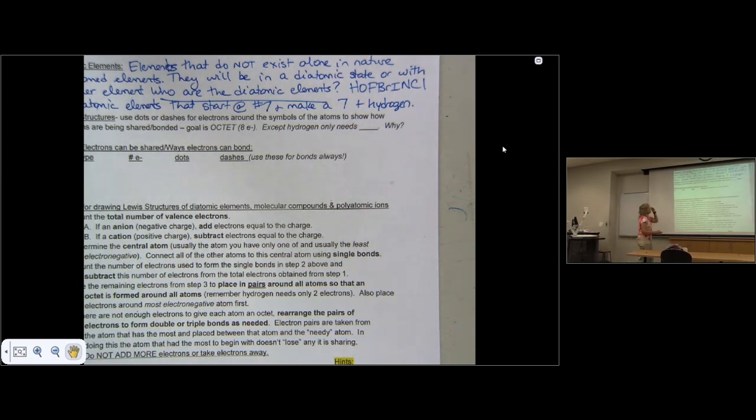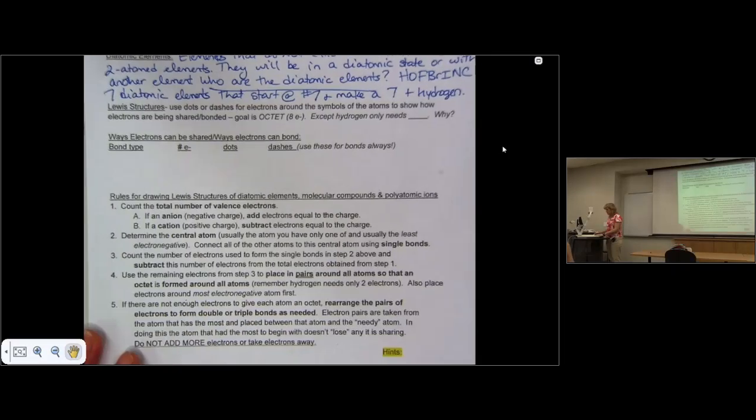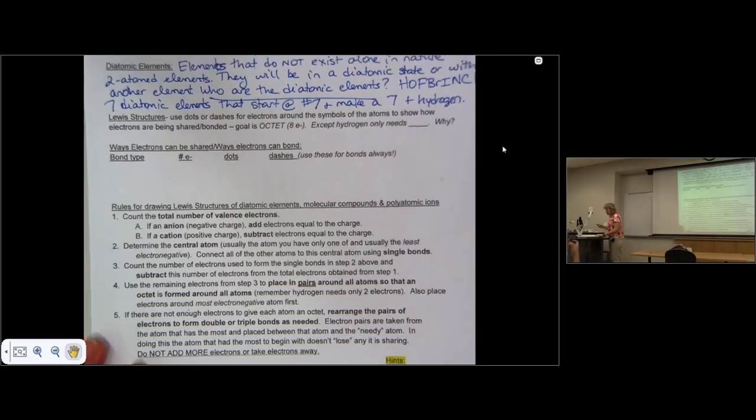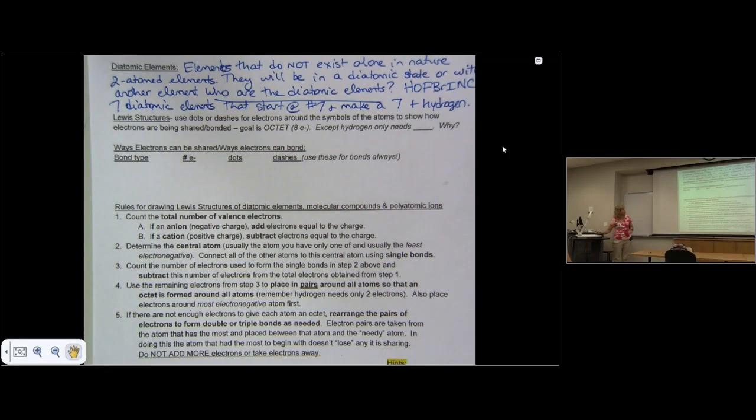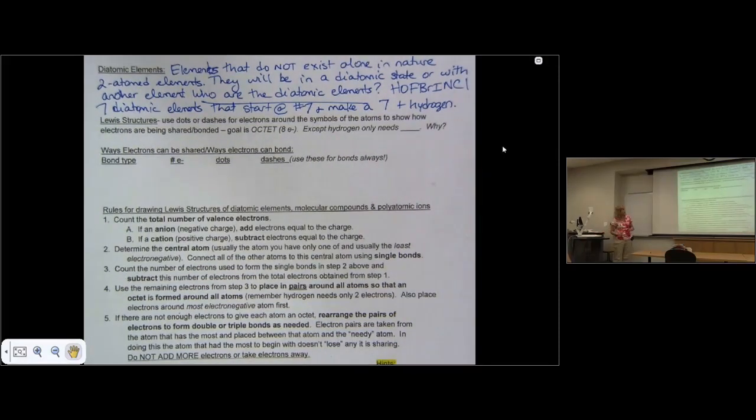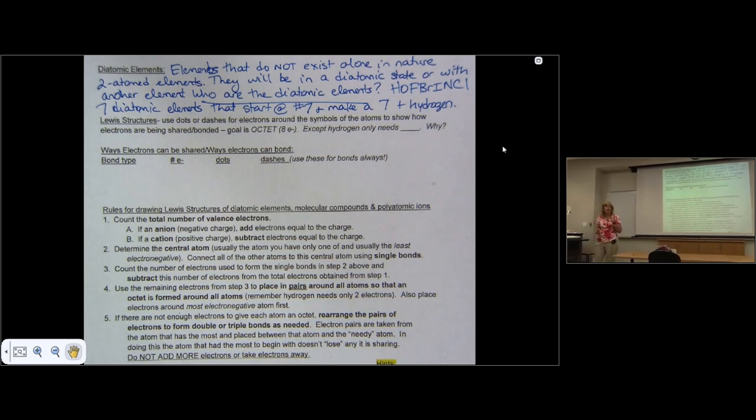Okay, so how are we going to represent all of this? We're going to represent it with Lewis structures. Lewis structures use dots or dashes for electrons around the symbols of the atoms to show how electrons are being shared or bonded, and the whole goal for everybody is an octet. I've said that 10 times, I think, already.